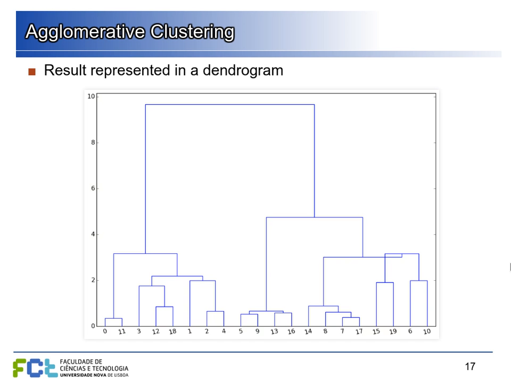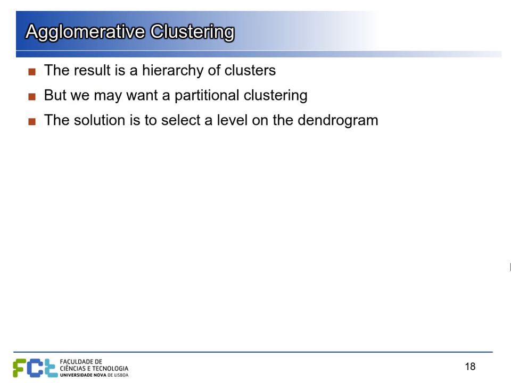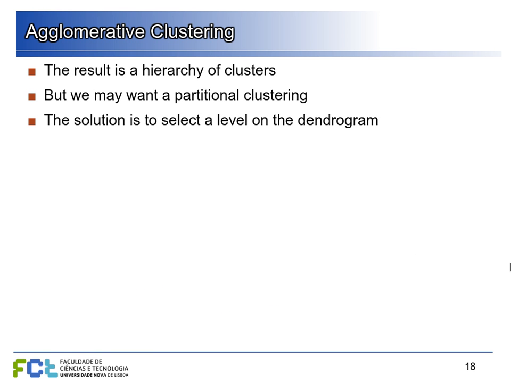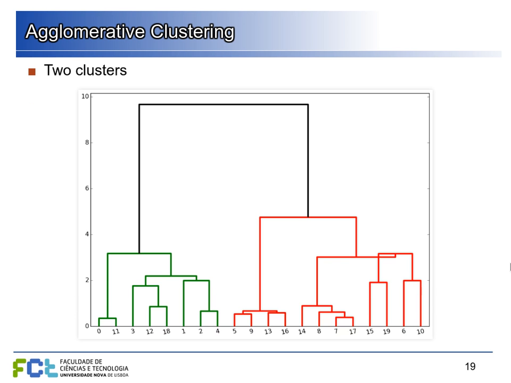We don't have a specific partition of our elements into different clusters. We have the representation of all the nested clusters we put our examples in. So if we want to convert this into a partitional clustering, that is, we want to take this tree and divide our elements into a partition of clusters, then we can simply choose one level on the dendrogram which has the clusters that we want.